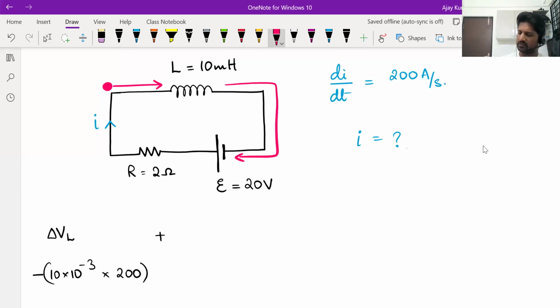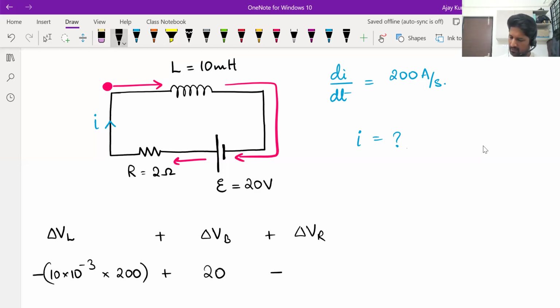How do you write potential change across the battery? Plus 20. Okay. Because you are going from negative terminal to positive terminal, it will be plus 20. Next element you come across is the resistance, and you are going in the direction of current through the resistance. So how do you write? Minus 2i. Minus 2i should be equal to 0. That's the KVL equation. Correct.